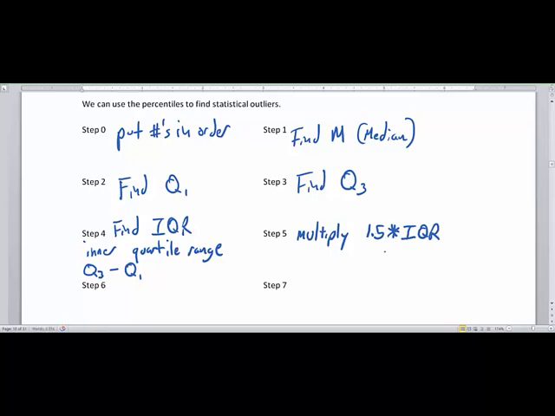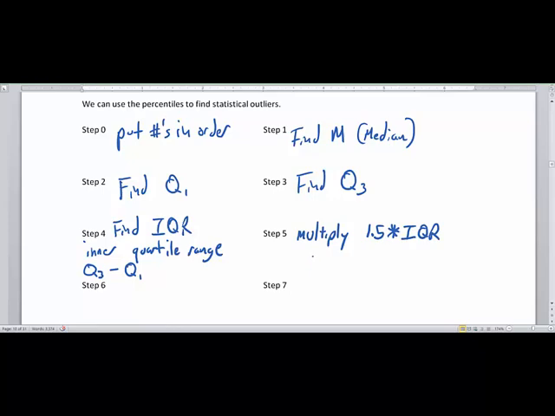But in statistics, we've found that if you take the distance of the Q1 and the Q3, which is your middle 50% of the data, and multiply it by 1.5, that distance away from the Q1 and the Q3 to the left and to the right, respectively, will show you your lower bound and your upper bound for an outlier.